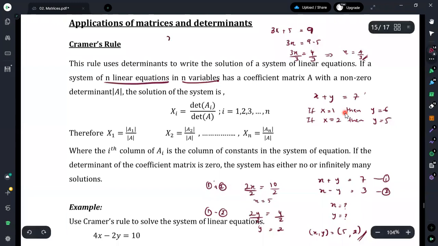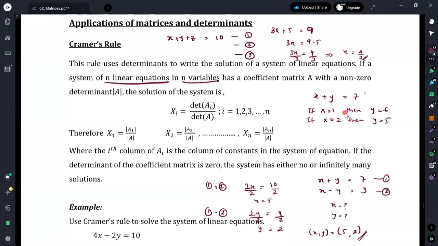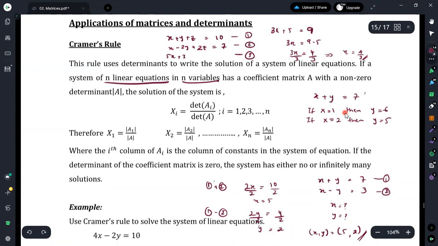As an example, if you need to solve x plus y plus z equals 10, then altogether there should be three equations, because there are three unknown variables in this equation. Therefore, it has to be given in a form which is satisfied. As an example, 2x plus z equals 7, then 5x plus 3y minus z equals minus 10.